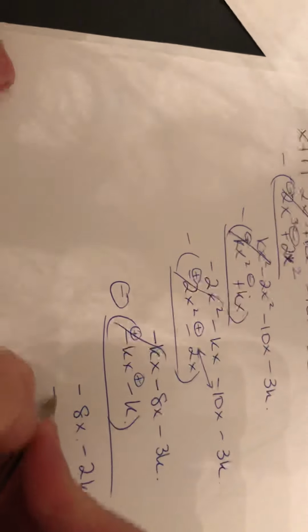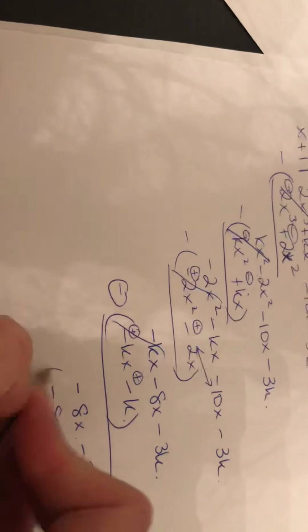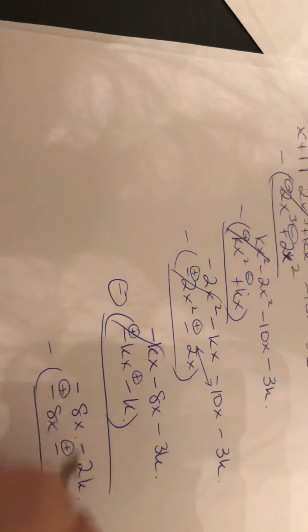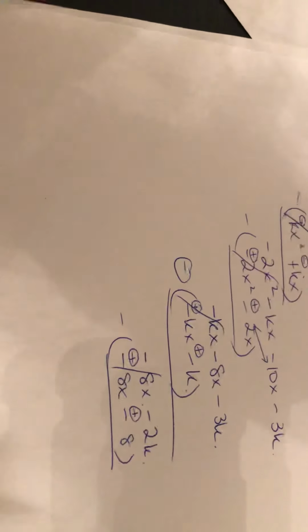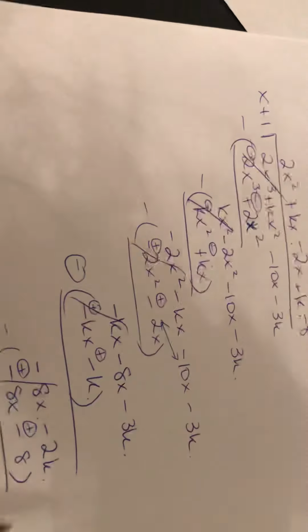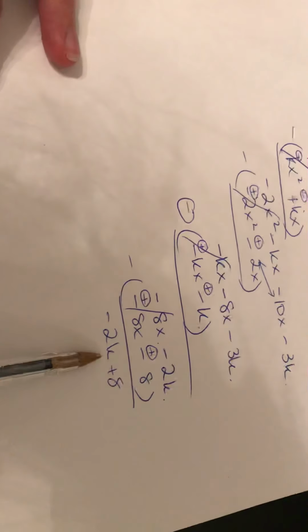And I go again. What do I multiply x by to give me a minus 8x? That's minus 8x minus 8. And I subtract. Gives me a plus and a plus, and I end up with minus 2k plus 8. What do I multiply x by to give me this? Oh no, I can't. There's no x there.